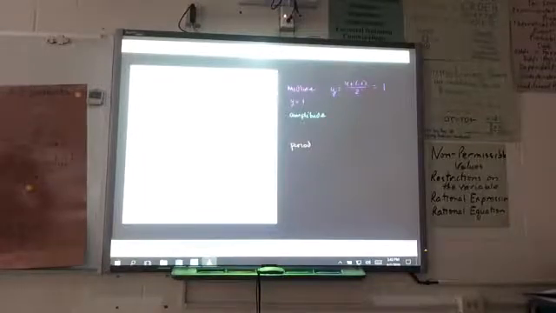Now let's think about the amplitude. The amplitude is how much this function varies from the midline, either above or below the midline. And the midline's in the middle, so it's going to be the same amount whether you go above or below. At this maximum point right over here, how far above the midline is this? To get from 1 to 4, you're 3 above the midline.